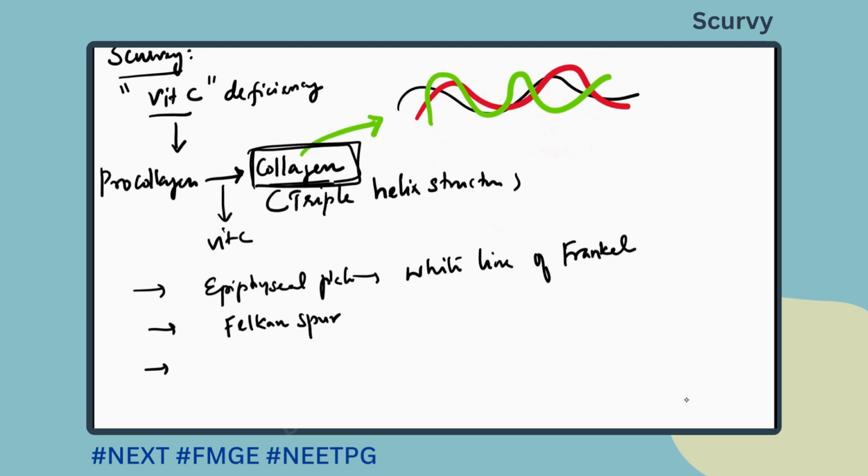Because of the collagen defect, the blood vessels are weak, resulting in subperiosteal hemorrhage.